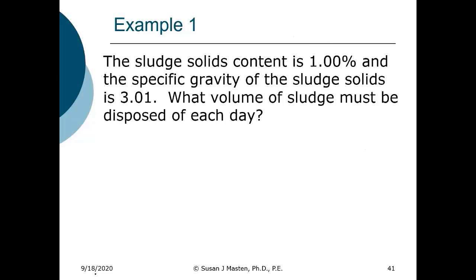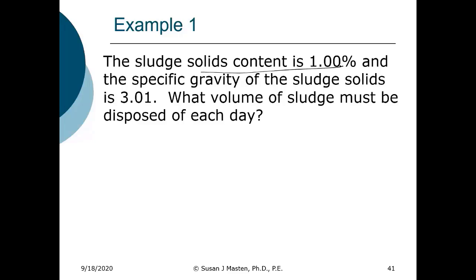We'll do this part of the problem, and then I think I'll just stop and ask questions because I don't want to start the alkalinity part. So if we have a sludge solids content, so that sludge that we're producing, that we calculated that we had roughly 4,000 kilograms, you don't produce dry sludge. You produce sludge that has a high concentration of water.